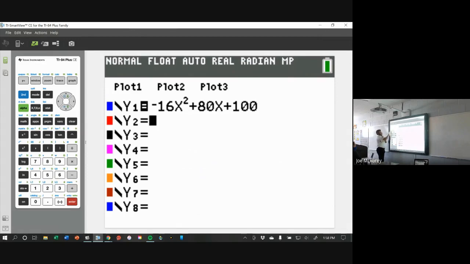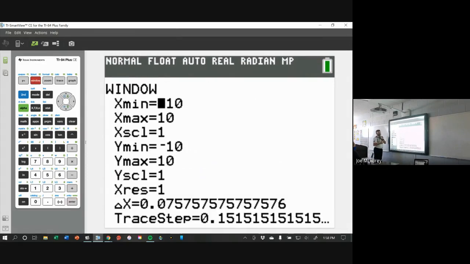So before we look at this graph, we want to go to our window and start thinking about it. We'll start with y. The ball cannot go through the ground, so the lowest value for y is 0. And how high did we determine our ball was going to go? 200. Do you want to count by ones? You should also be doing this on your calculator if you're not used to changing windows.